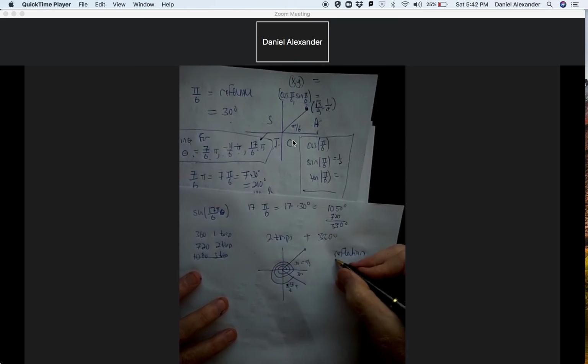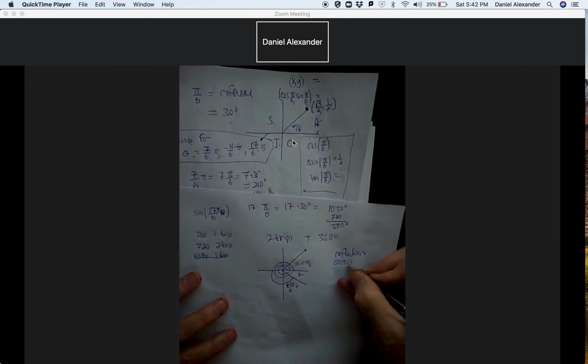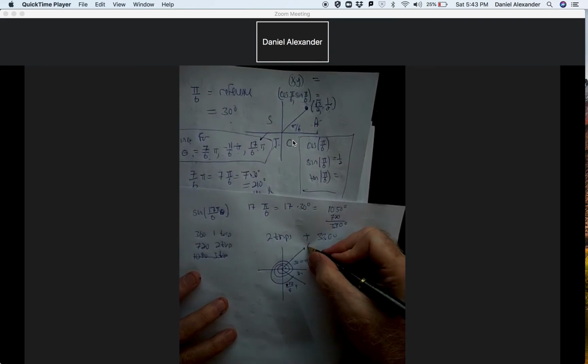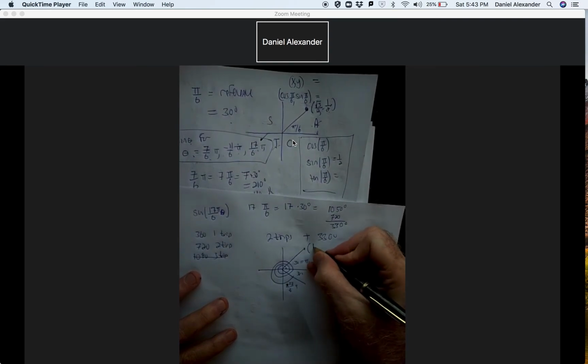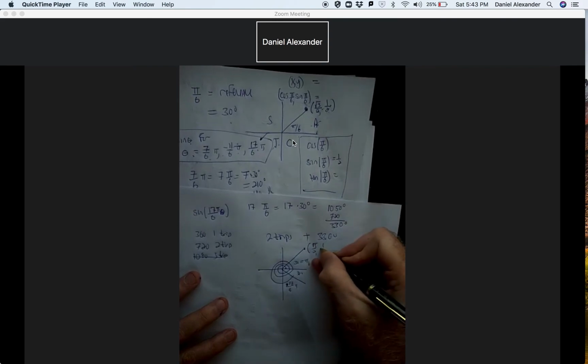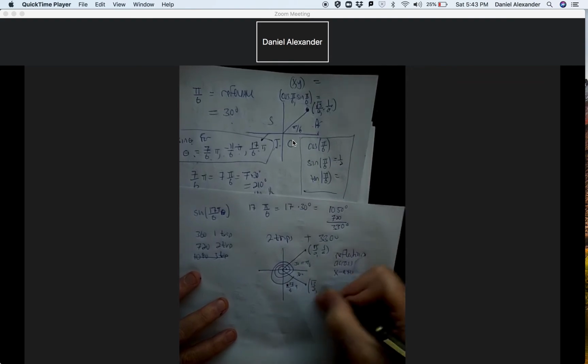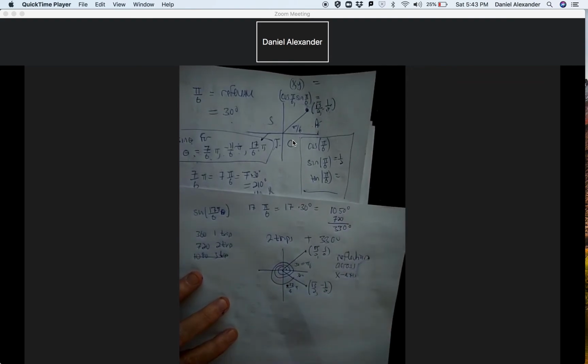Except this time, what's going to be different is we're looking at the y coordinate, because that's what the sine is. So remember, this point was square root of 3 over 2, 1/2. We reflect it. The x-coordinate stays the same, but the y-coordinate changes. That's going to be the sine.